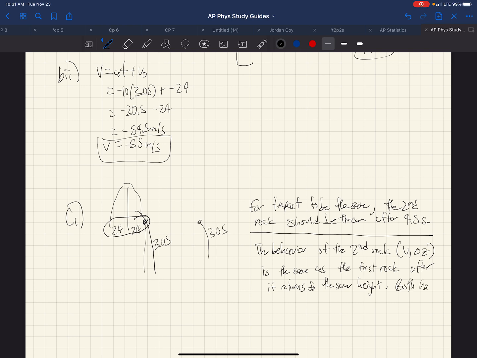Both have a downward velocity of minus 24 meters per second at the release height, and therefore will take the same time to hit the ground.